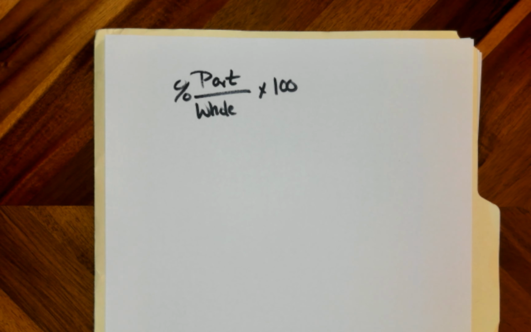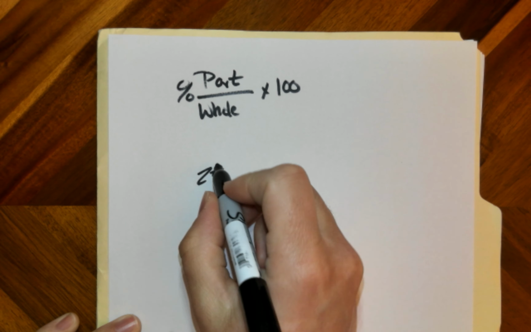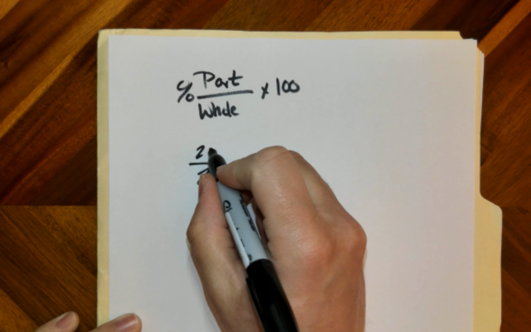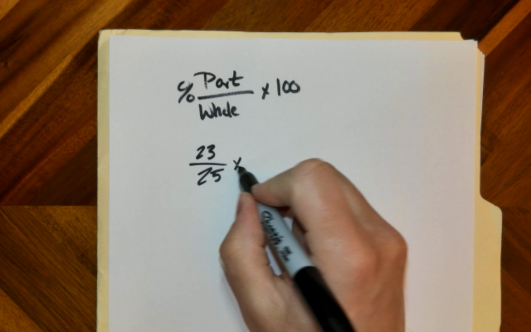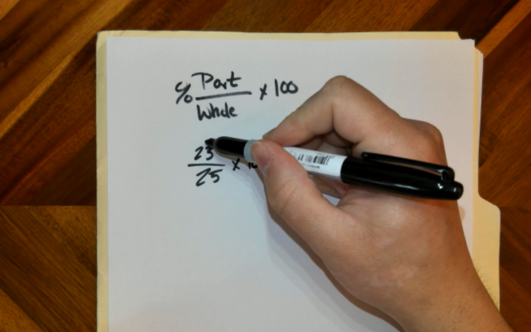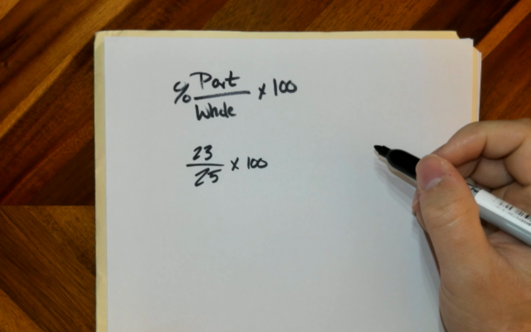So think about this. When you take a test, there's a certain amount of points that you can earn. Let's say your test is out of 25 points. And let's say you only earned 23 of them. You could calculate the percentage by doing the division, what you got over what you should have gotten times 100, and that gives you your percent.